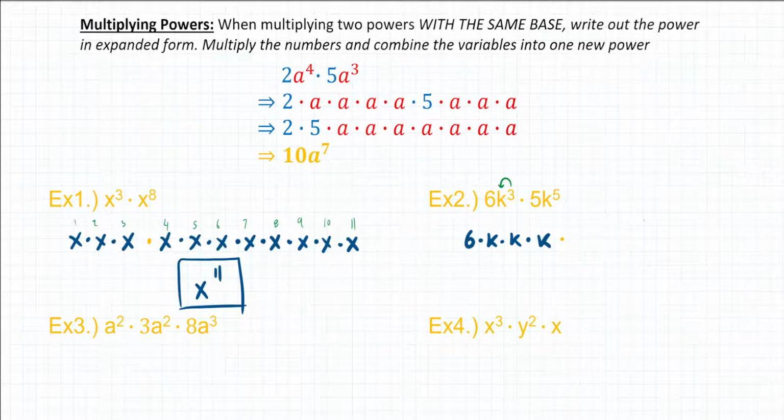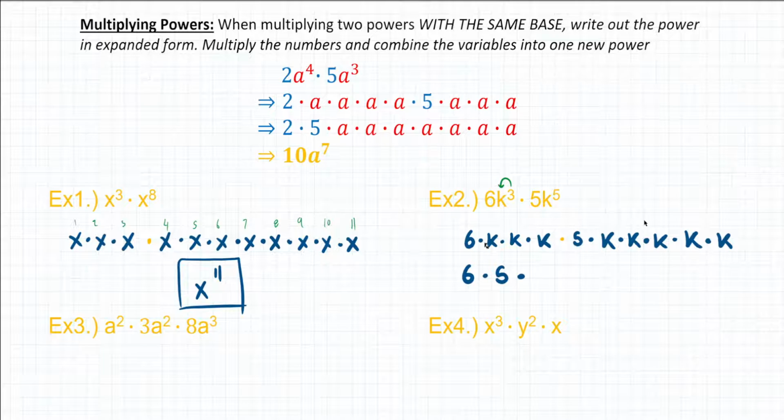Times 5k to the 5th power, well, that would just be a 5 times k times k times k times k times k, 5 times 5 k's. All right, reorder them. Let's put the numbers next to each other, so 6 times 5, and the k's next to each other. 1, 2, 3, 4, 5, 6, 7, 8.